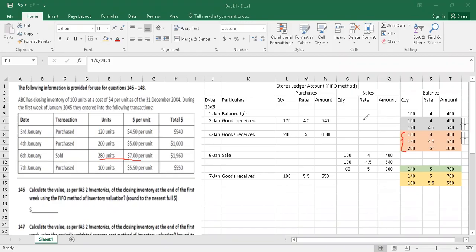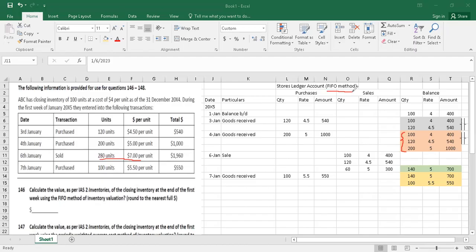Because the first method that we are learning here is FIFO, first in, first out, while assigning the cost to the units, the lot that has come in first, with its rate per unit, that rate will be applied to the units leaving the stores department.